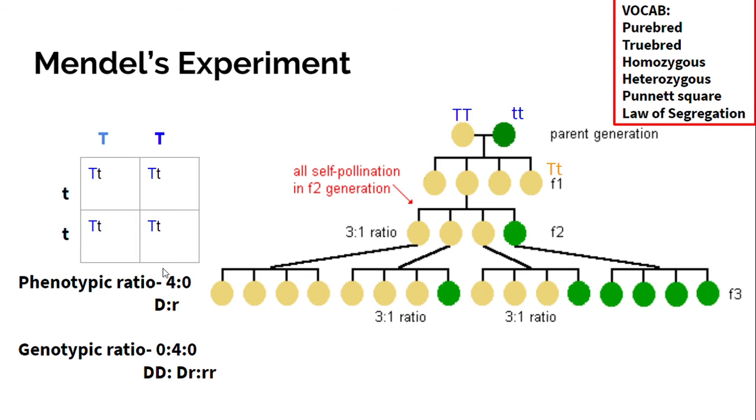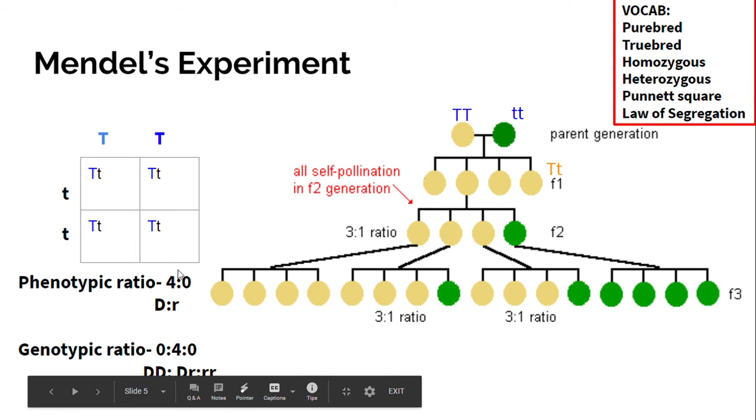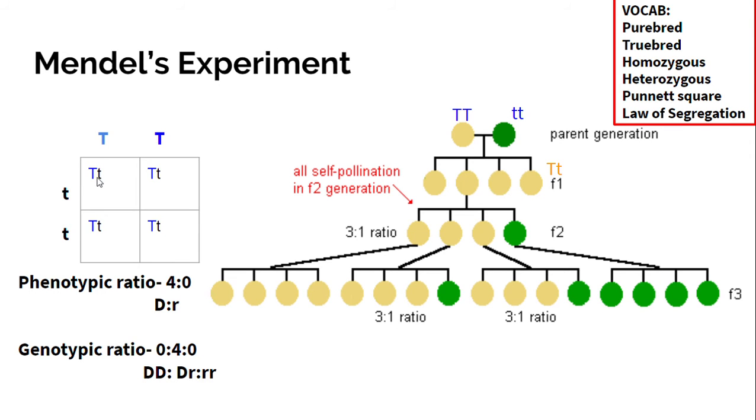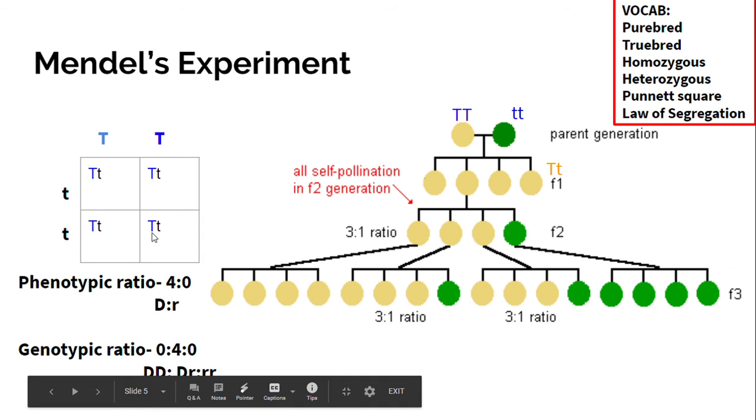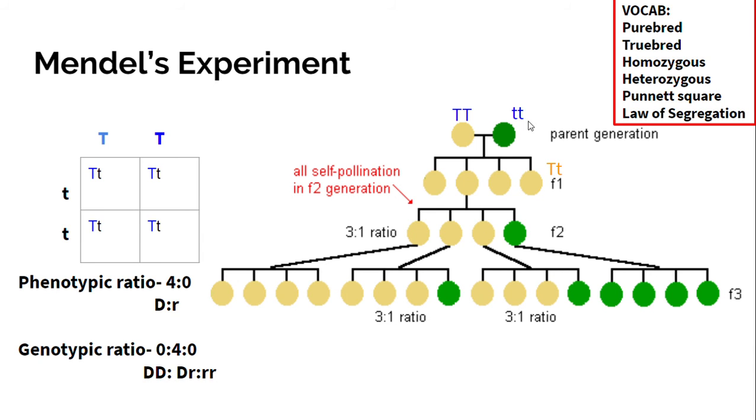So the phenotypic ratio is the number that appear dominant. It doesn't have to be purebred dominant, but just the ones that appear dominant, so that has a dominant or uppercase letter in the genotype, to the number of recessive, or the number that don't have any dominant alleles to mask the recessive alleles.